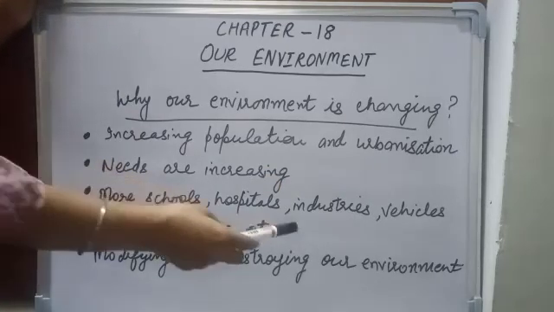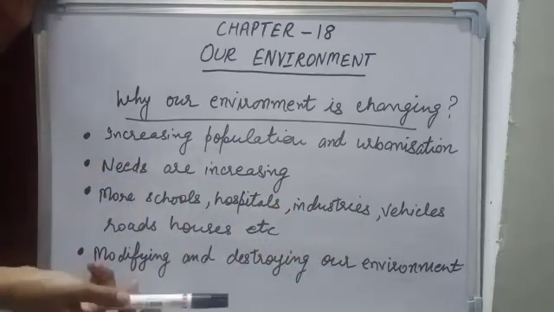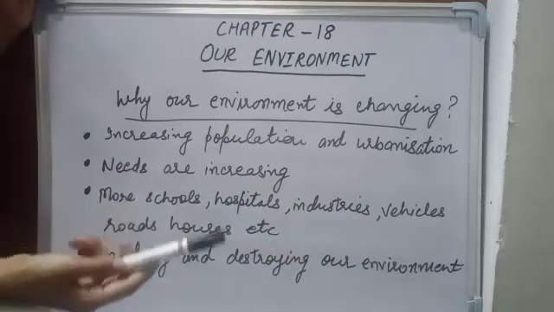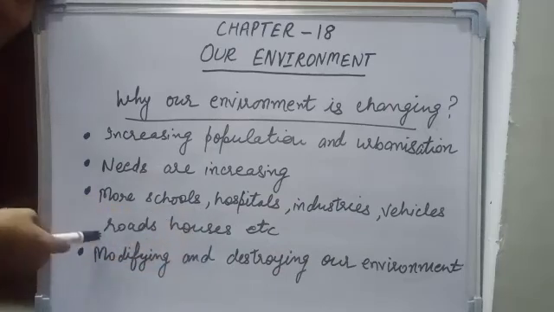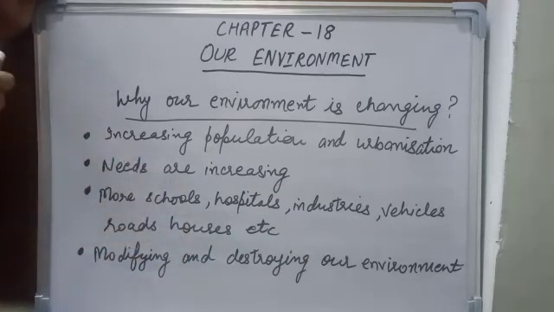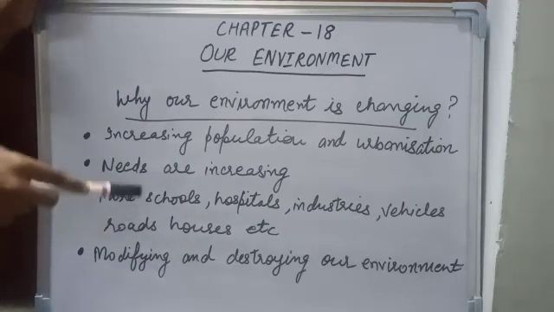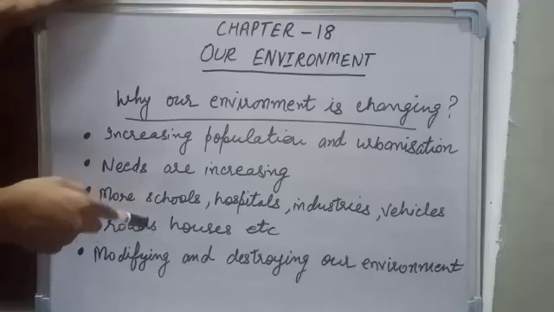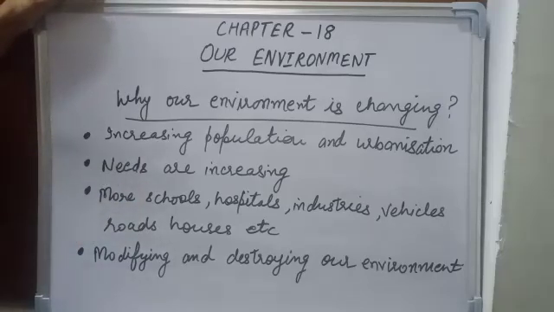Like from the industries and vehicles, the smoke pollutes our earth. And for making roads, houses, schools, hospitals, we are destroying the forest, we are clearing forest and making these things over there. So we are destroying the land also, we are creating land pollution.